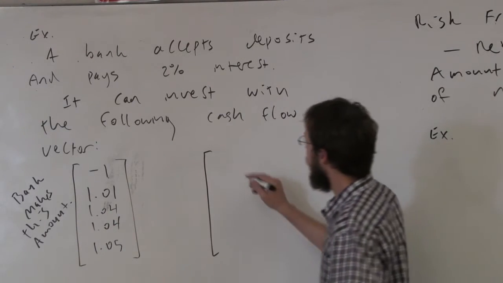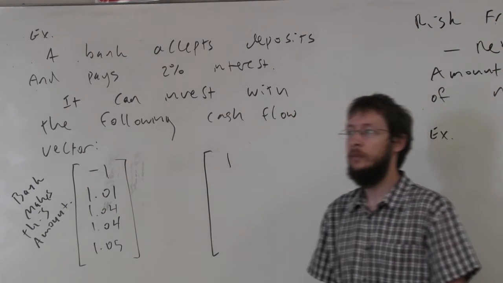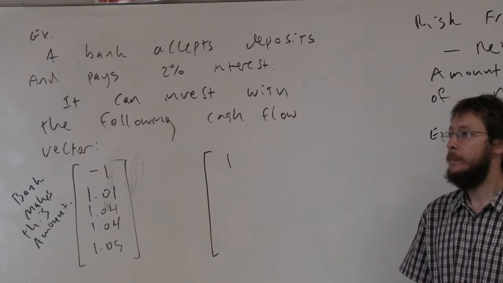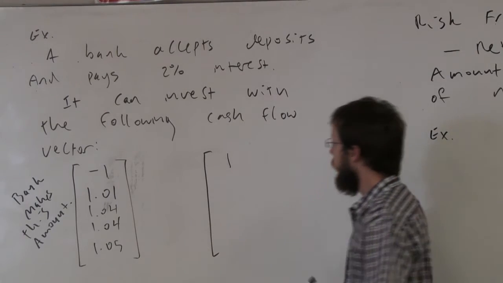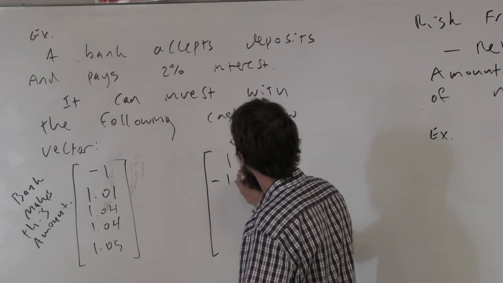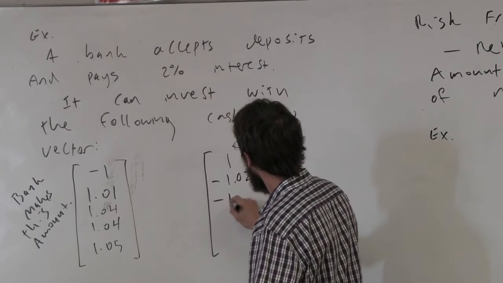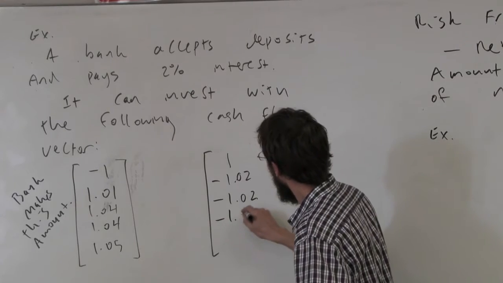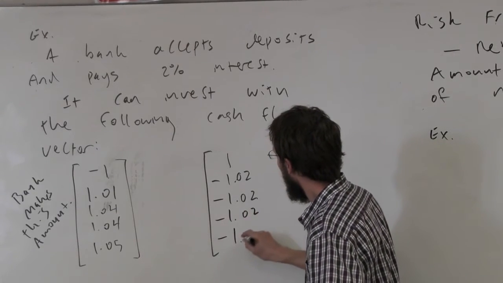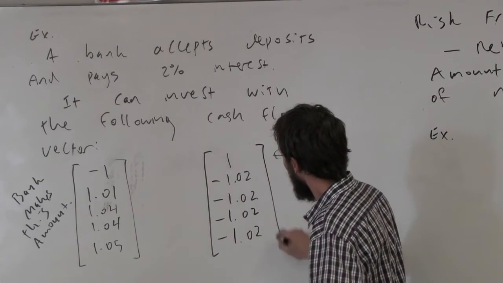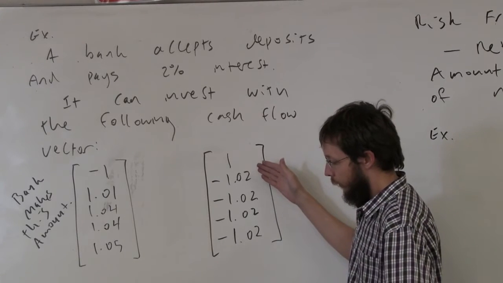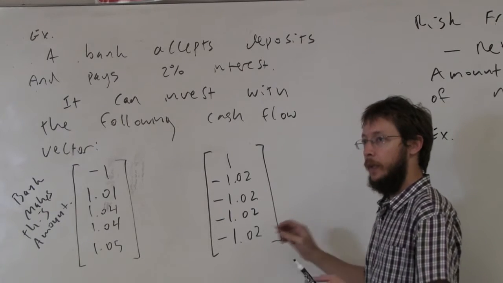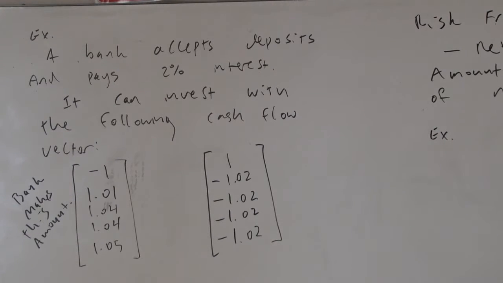Positive one, because it receives money from the customer. And after that, it pays its 2% on top of that. So it'd be minus 1.02 in each state of nature. So this goes back to your question about would that be considered risk-free? In this case, yeah, this is an example where in every state of nature they're paying the same amount. So that's the technical definition. So that would be considered risk-free.